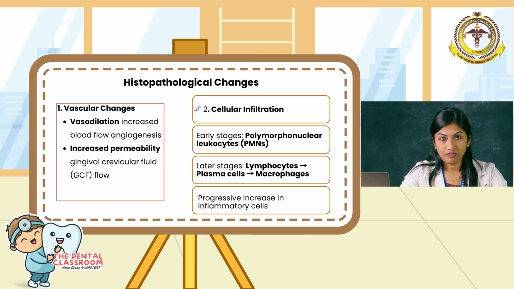Those inflammatory cells get recruited to the plaque accumulation area or microbial organisms area, which elicits the immunological responses. The neutrophils and lymphocytes exaggerate the inflammatory response in the target area, which causes the inflammation of the gingiva. In the early stages we have PMNs, and in the late stages we have macrophages and lymphocytes.